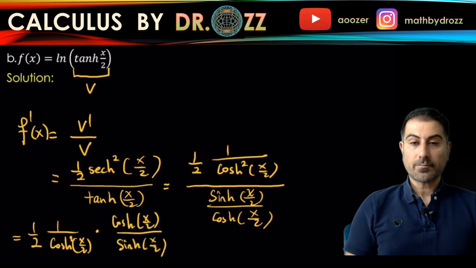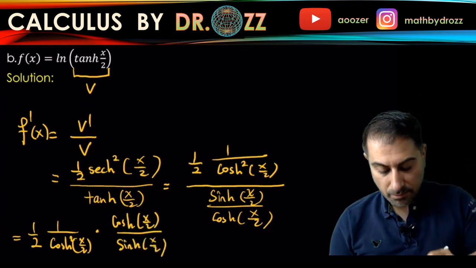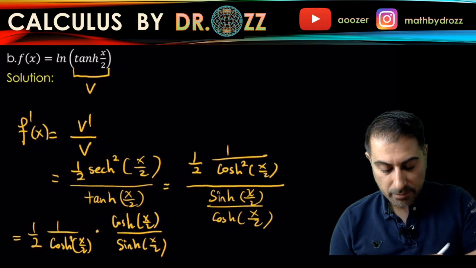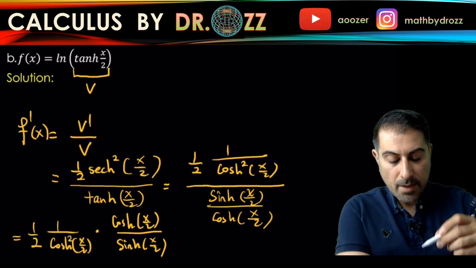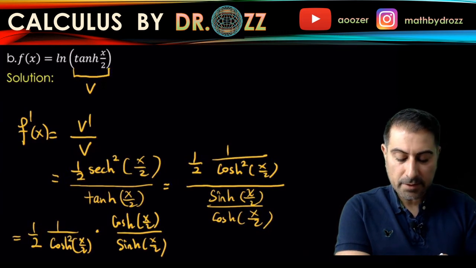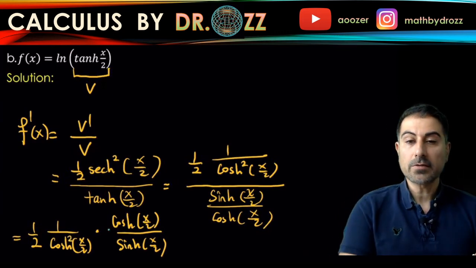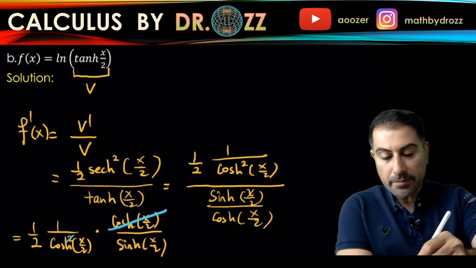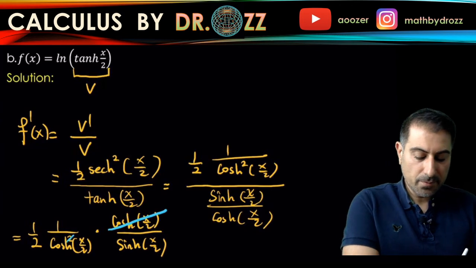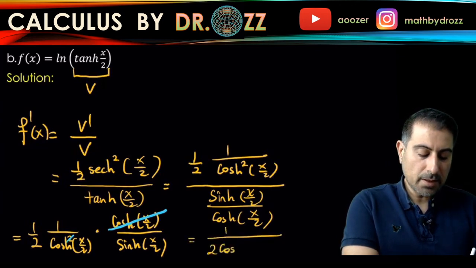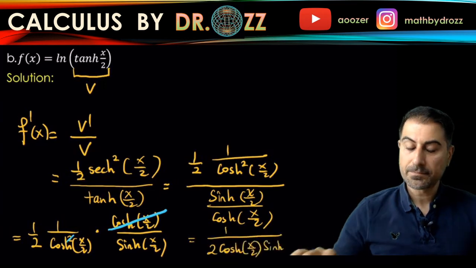And this is already squared, right? So I'm just being careful here. Then this cosine hyperbolic square is going to cancel this power in the bottom of the second fraction. There we go. So then this turns out to be 1/2 cosine hyperbolic x over 2 times sine hyperbolic x over 2.